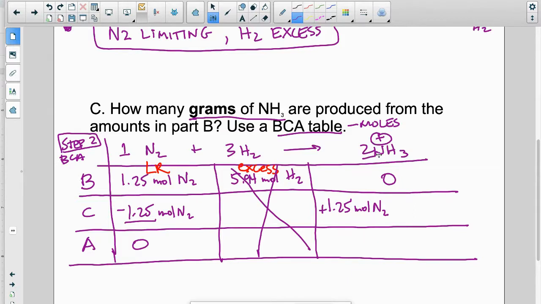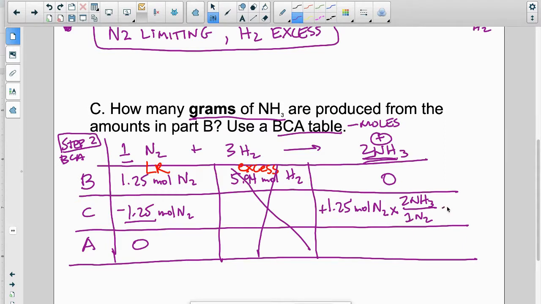Well, again, use the mole ratios, right? I'm going to need to find ammonia, so that goes on top, 2 NH3. The thing that I'm going from goes on the bottom, 1 N2. So 2 to 1 is the same as 2.